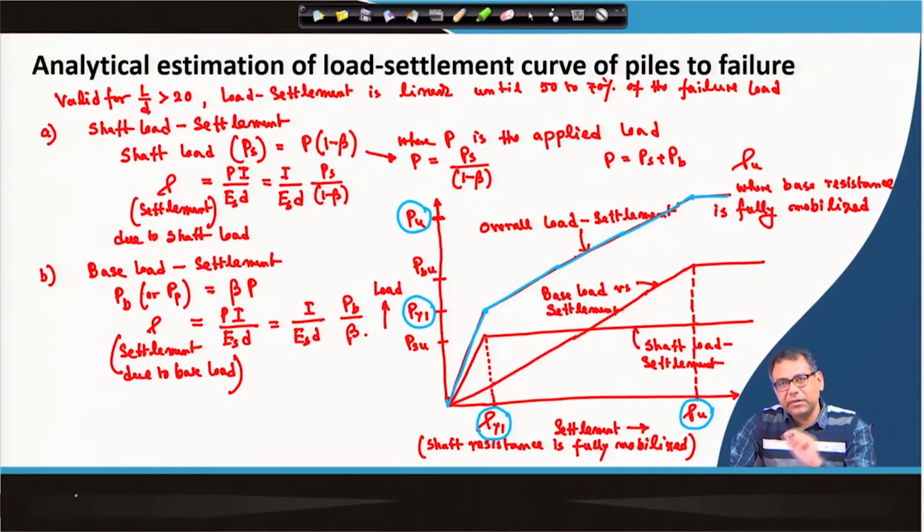So, here when there is mobilization of the friction, at that time there is also some tip resistance. That tip resistance will not have any effect on the settlement of the pile material.